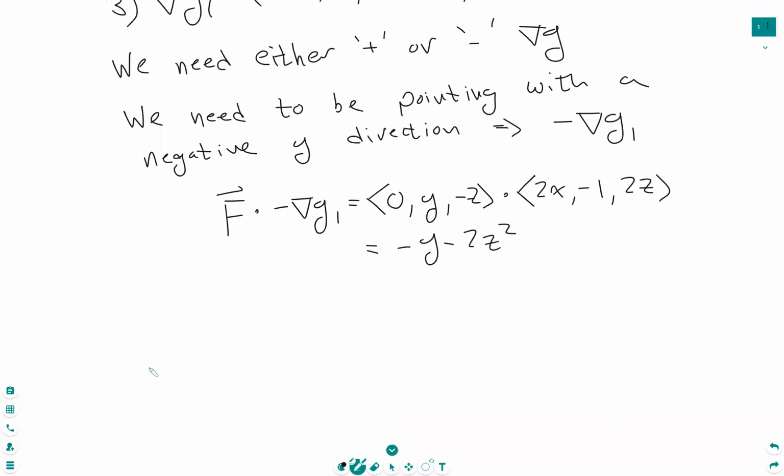Step 4. We're in the xz plane, so we need to get rid of any y's that show up in our integrand. Well, this is what our integrand is going to look like, right? This is f dot negative grad g. So I need to remove this y.